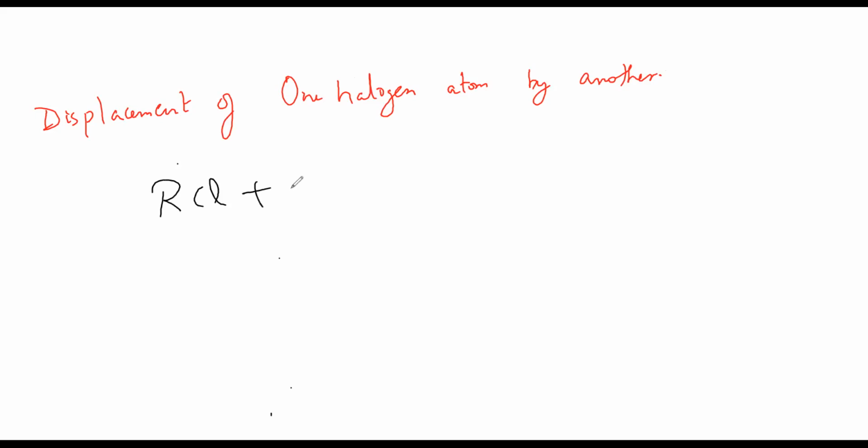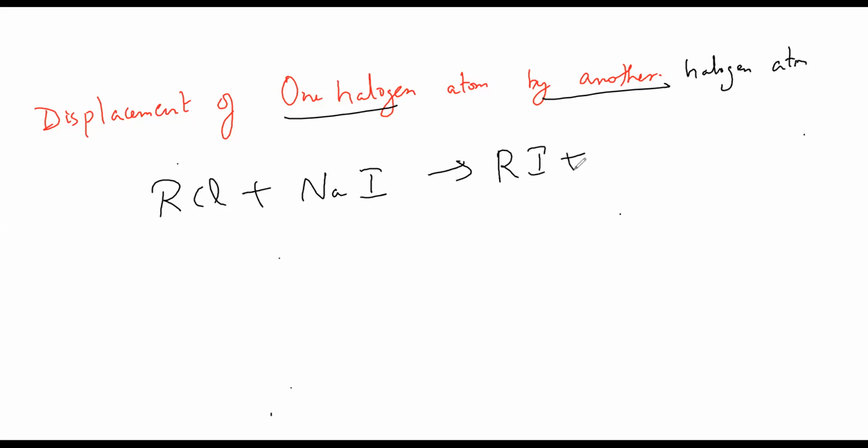RCl plus sodium iodide. Displacement of one halogen by another halogen atom. That's it. This is not required. This is just extra information I'm putting. So chlorine will get replaced by iodine here. RI plus sodium chloride, NaCl. That's what. Fine.